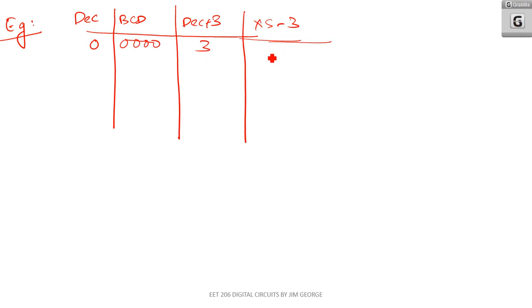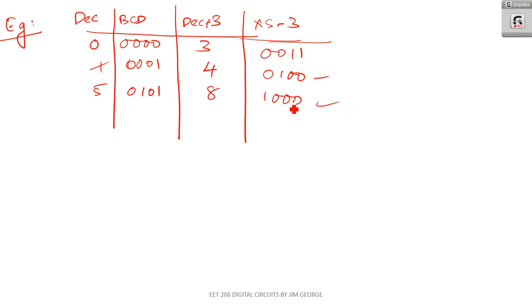So the Excess-3 code is 0011. Then 1 is 0001. Decimal plus 3 is 4, which is 0100. So 0100 is the Excess-3 code of 1. Then 5 is 0101. Decimal plus 3 is 8, so it is 1000. That means the Excess-3 code of 5 is 1000.